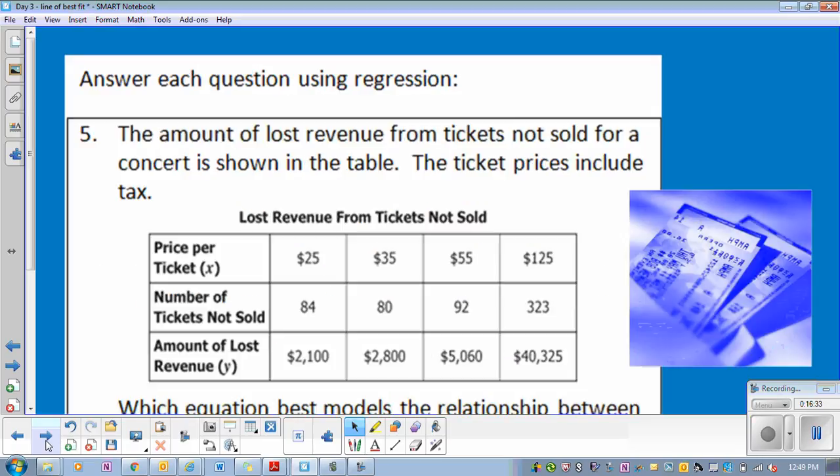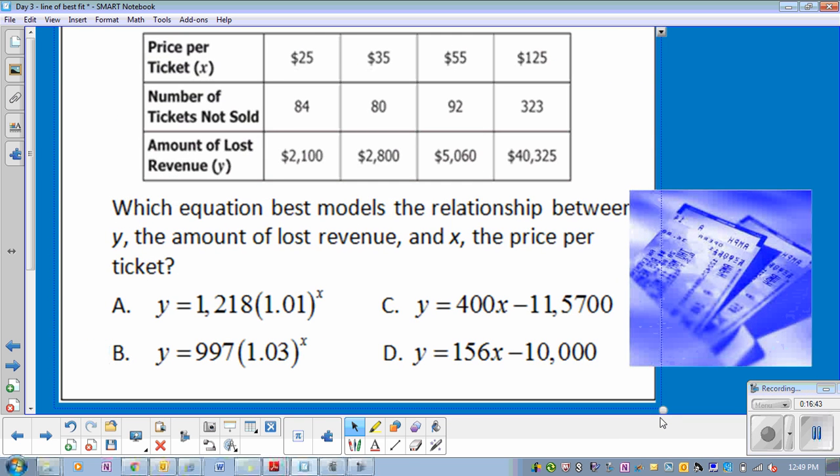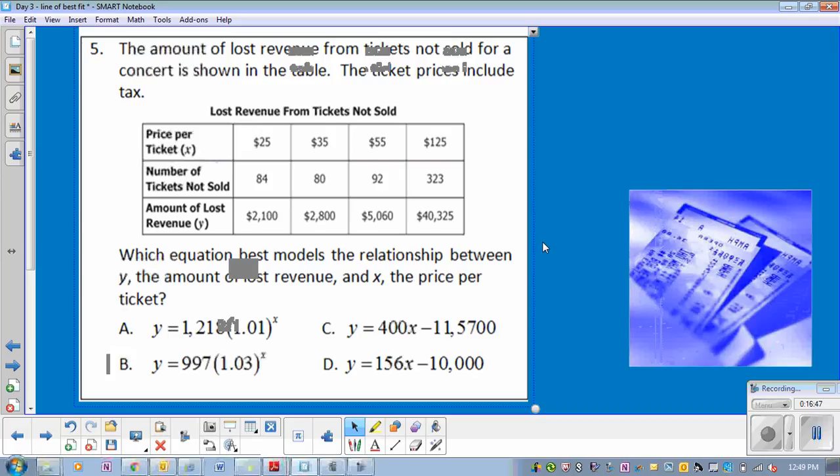Okay, so it says answer each question using regression. The amount of lost revenue from tickets not sold for a concert is shown in the table. They love doing things like this. How many rows do you have? You have 3.